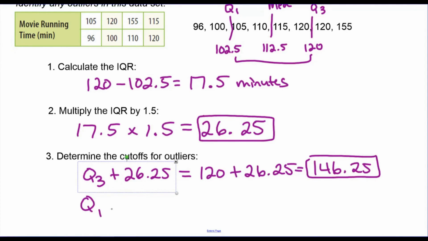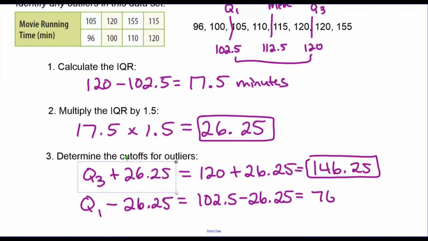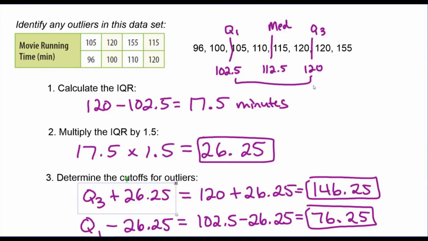And then I'll get my low end, Q1 minus 26.25. And Q1 was 102.5. And I subtract 26.25. That gives me a lower limit of 76.25. So any data value that is below 76.25 minutes is going to be considered an outlier. So looking back at the data set, I don't have any value that was less than 76.25 minutes.